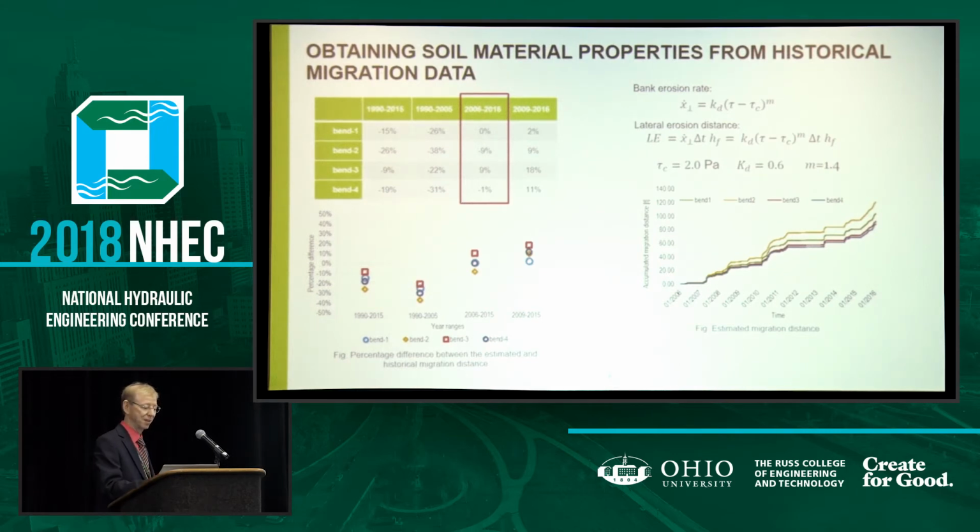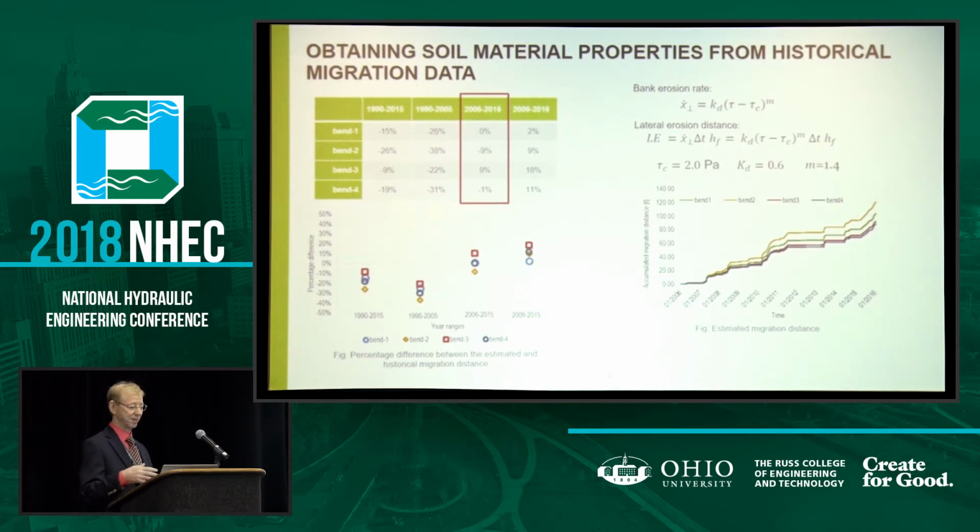And then there were 4 of those banks that we were looking at, and we tried to pick the constants. We kind of did this by hand. You could do a multivariate regression to get those values, but we just did it in a spreadsheet, iterating until we reduced the difference between the actual migration in the photographs and what we were computing.